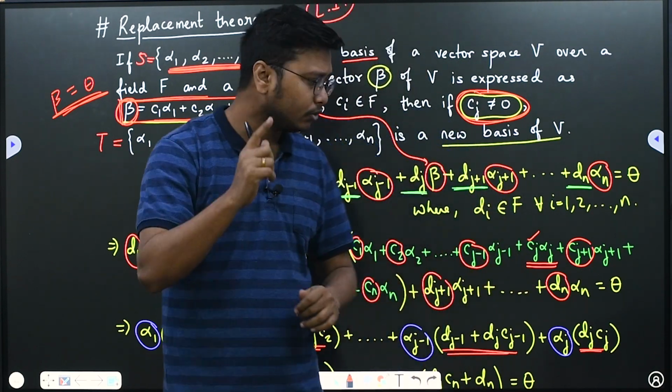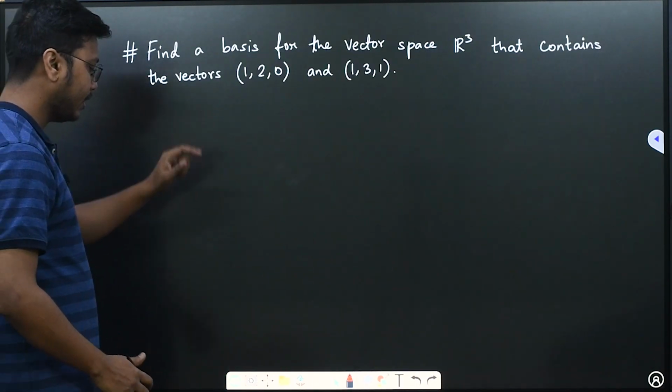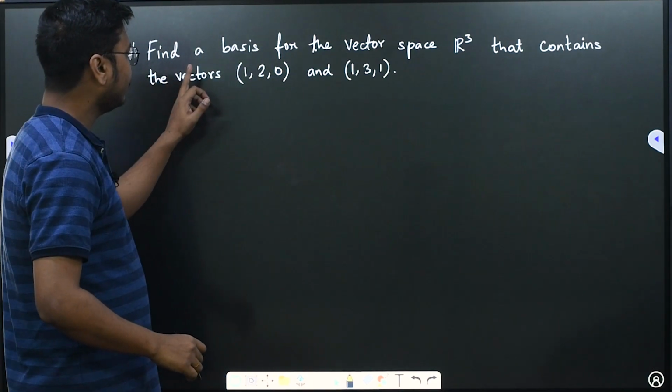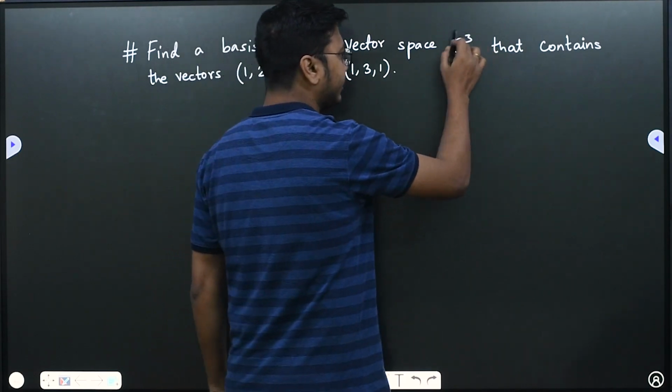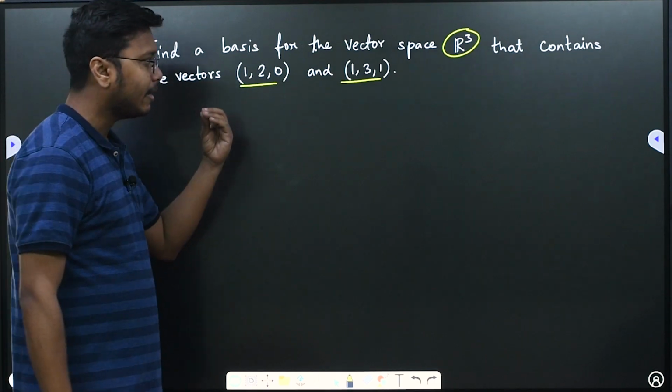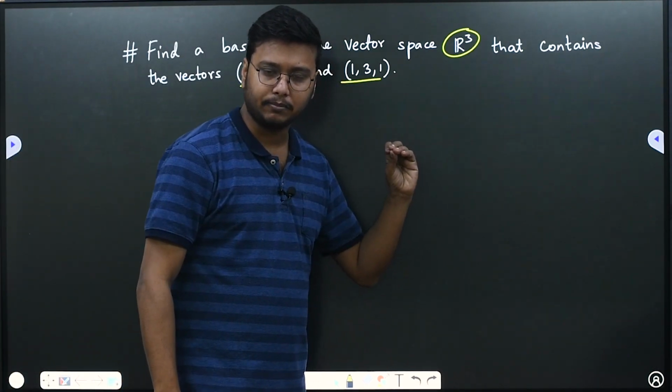So in continuation to that, let's look at this problem. It's told to find a basis of the vector space R3 that contains these two vectors. Now how can I apply the replacement theorem here?